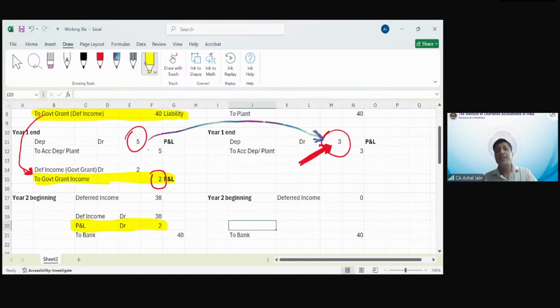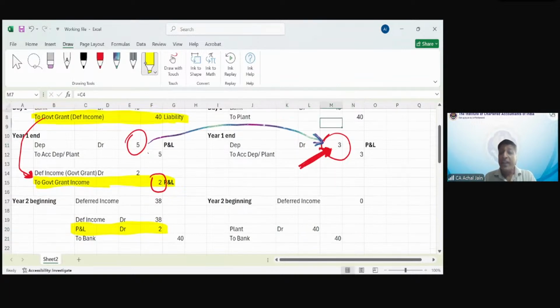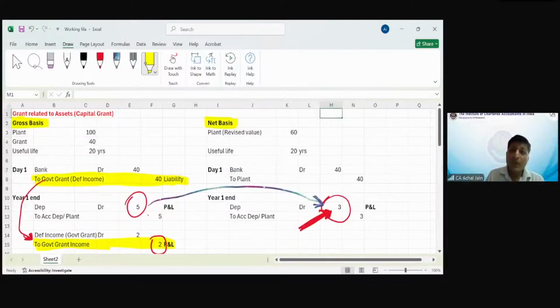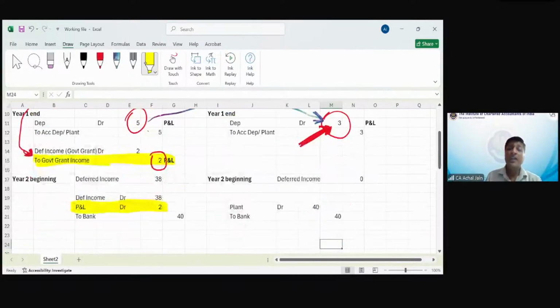So initially when the grant was received, asset was credited. So now you will increase the value of the asset. So we'll say plant debit 40. So in case it's a net approach, you will increase the value of the asset which was reduced earlier. Clear?